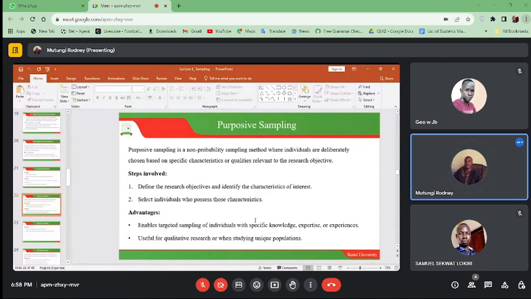So this method involves choosing those individuals based on specific characteristics or qualities that are relevant to your research objectives. So the steps include defining the research objectives and identifying the characteristics of interest, and then selecting individuals who possess those characteristics.